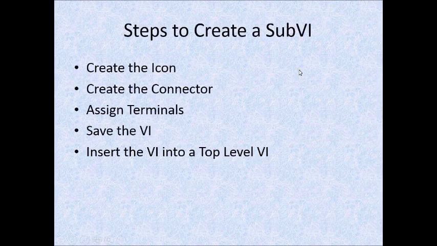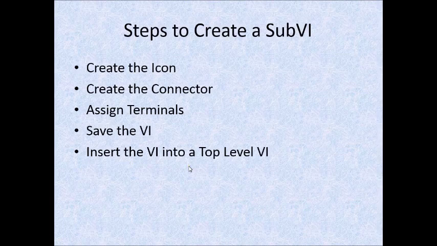So for creation of sub VI, you must create the icon, then the connector. You have to assign terminals for connecting two main VIs, and we need to save the VI to a proper location. And for higher level VI, we have to insert the VI into a top level VI. These are the parts of sub VI.